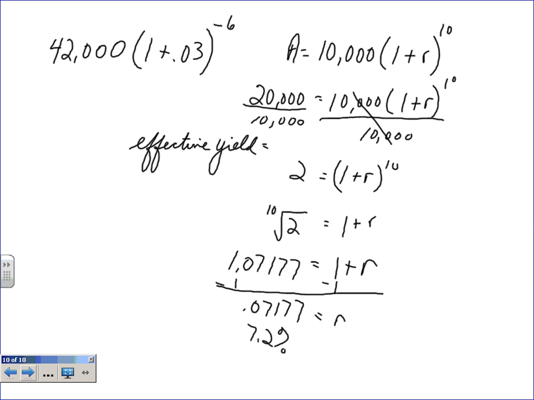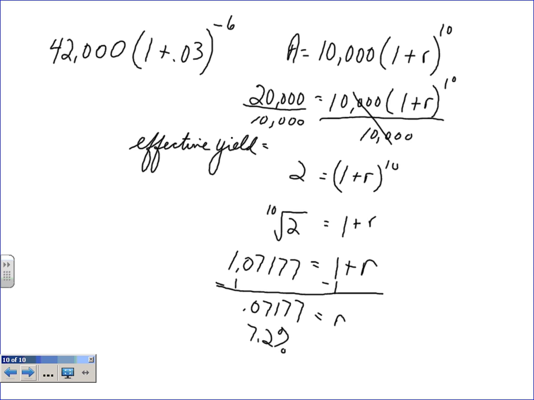So if a financial planner or financial advisor tells you that the history of our company has been we can give 7.2% per year, that will double your money every 10 years. That's our effective yield. Does that make sense?